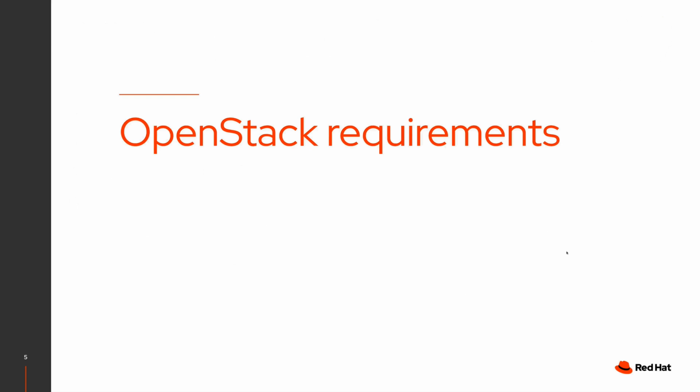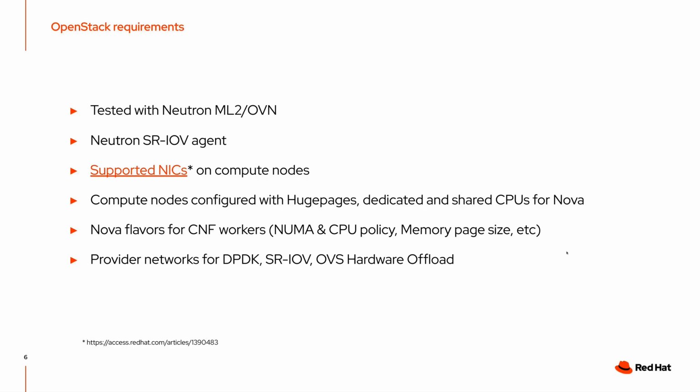Let's discuss the OpenStack requirements before you deploy OpenShift and your application. All the tests that we have been doing are with the Neutron ML2 OVN plugin in the OpenStack cloud, which has been the default for some time now in Red Hat OpenStack.